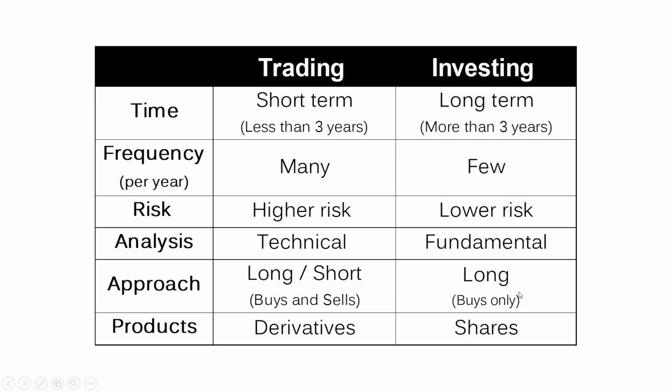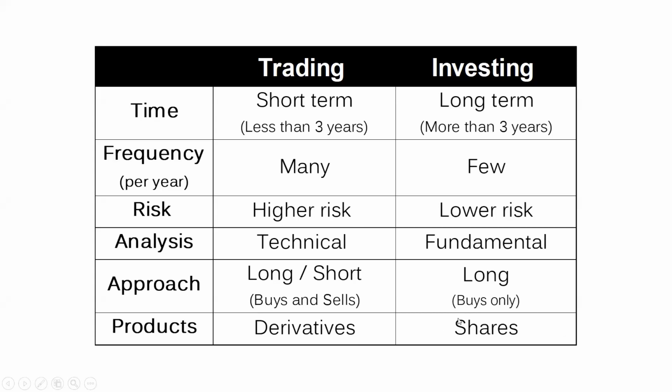For example, as what happened with GameStop. If you do have any questions about GameStop, I'm more than happy to help bring clarity. The products with trading have a greater variety, and we tend to trade normally using derivatives because we want to use products where we can gain more for less.